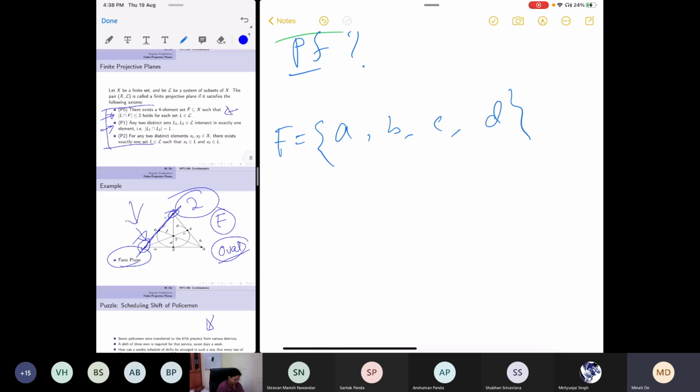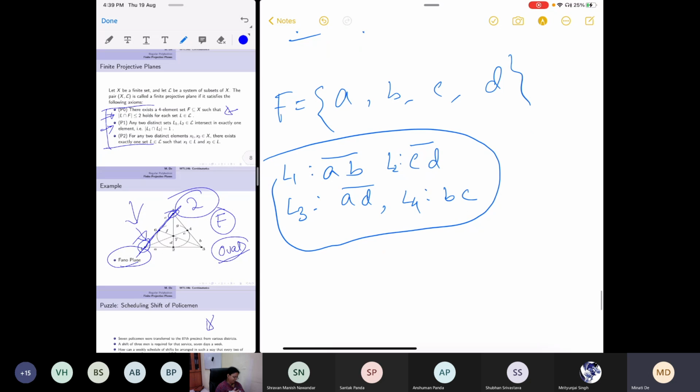So let us consider the line passing through AB, and another line, let's say, passing through CD. Let's consider this my L1, and L2 to be CD, and L3 to be, no, sorry, let's say AD, passing through AD, and L4 to be BC.